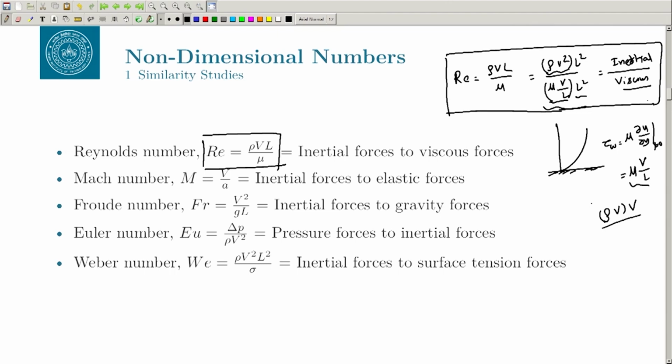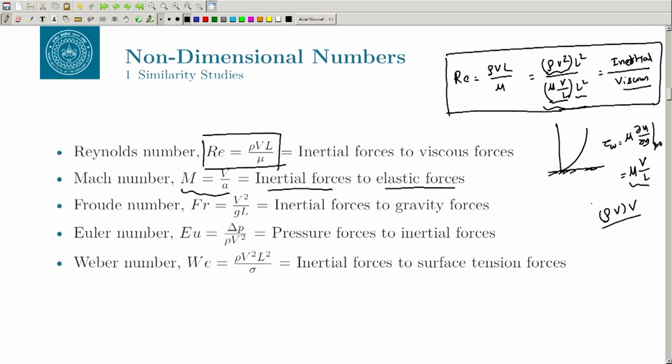Similarly, for compressible flow, we have seen the importance of the Mach number. The Mach number tells whether the flow is going to be incompressible or compressible. You can write the Mach number as the ratio of inertial forces versus elastic forces, and elastic forces can be related to compressibility.